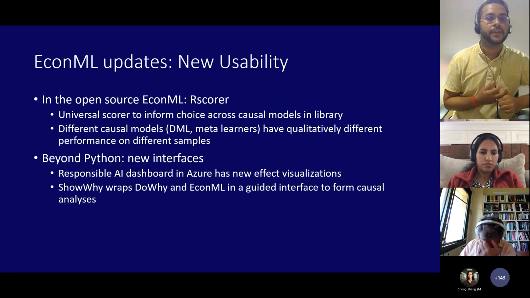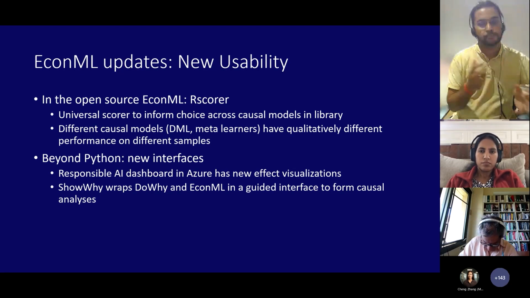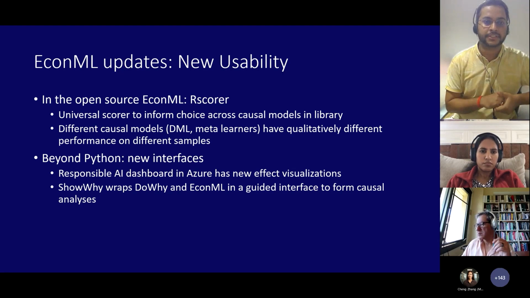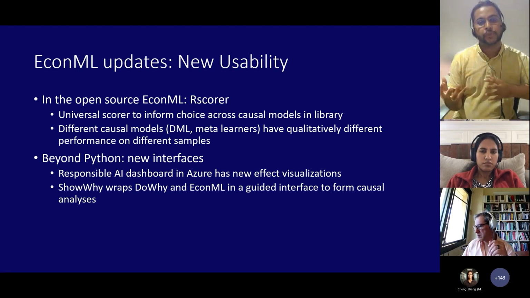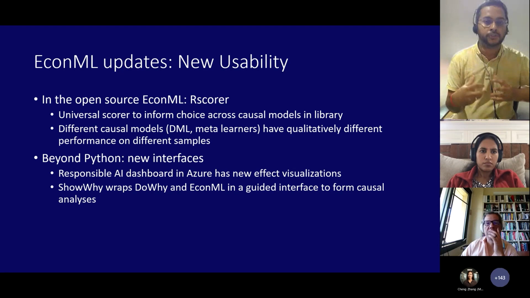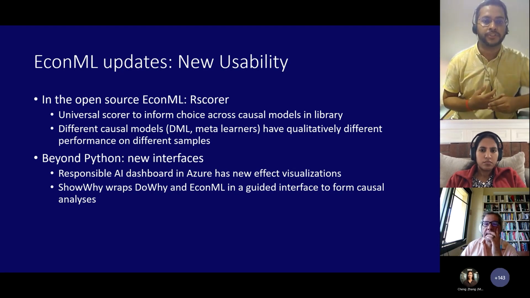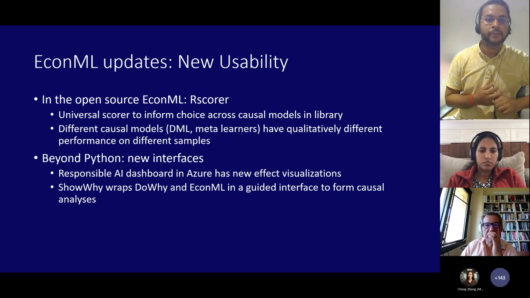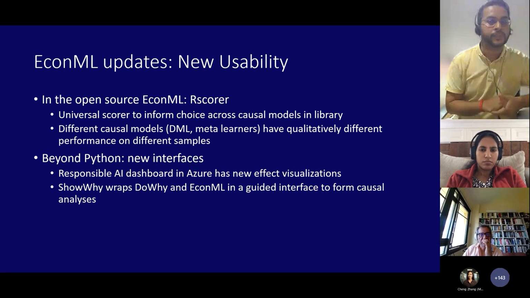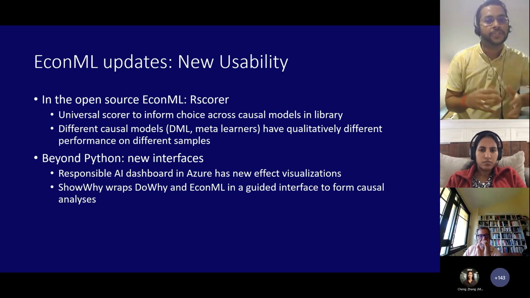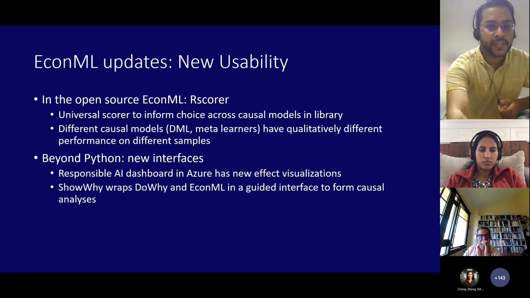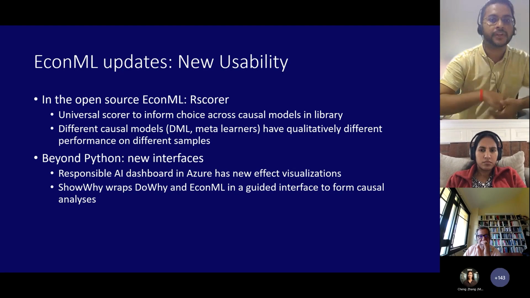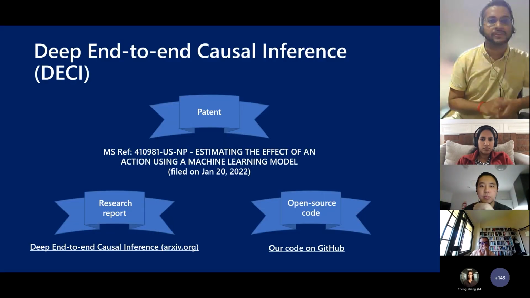There you can look at the causal effects of different features, compare them, look at heterogeneous effects, and also look at different cohorts and what policy or features would work best for them. And finally, there's ShowWhy, which we will share in more detail, which has wrapped up DoWhy and EconML in a nice guided interface. With that, I'll hand it over to Chao to talk about DECI in detail.